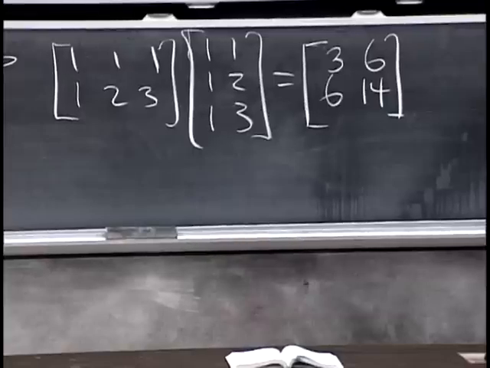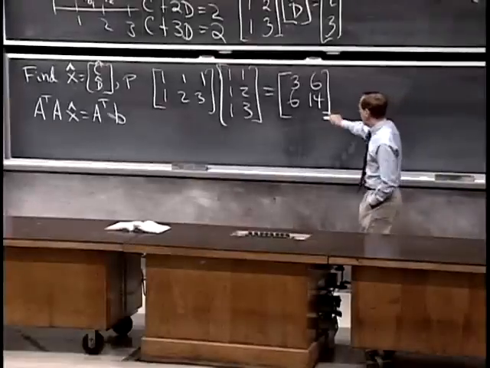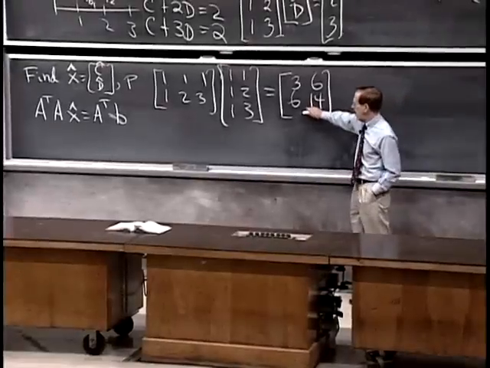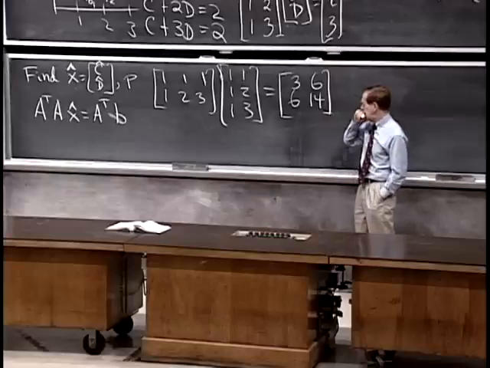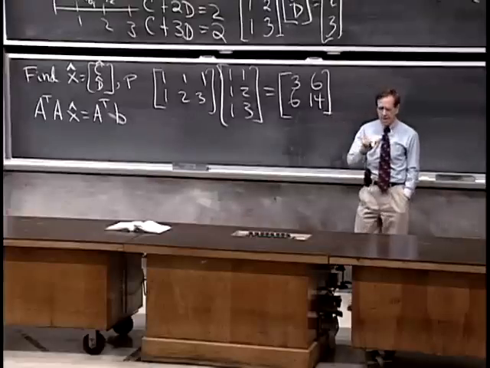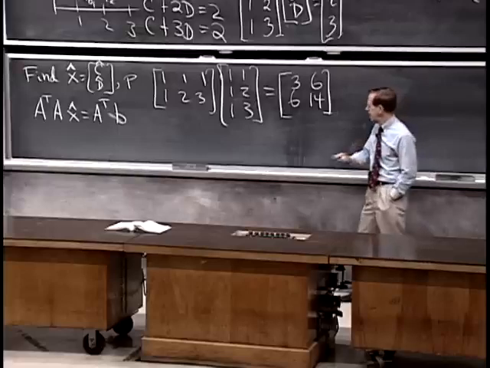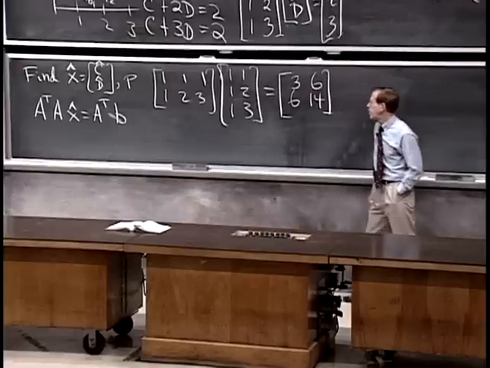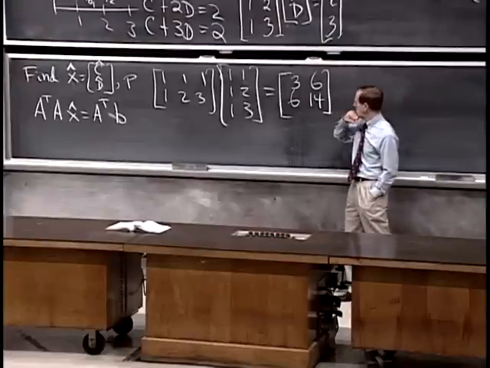Just before I keep going with the calculation, I expect that matrix to be symmetric. I expect it to be invertible. And near the end of the course, I'm going to say I expect it to be positive definite. But that's a future fact about this crucial matrix A transpose A.